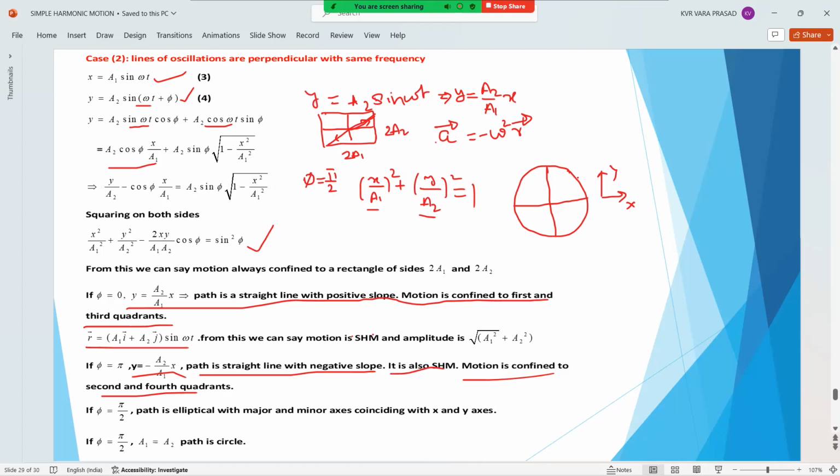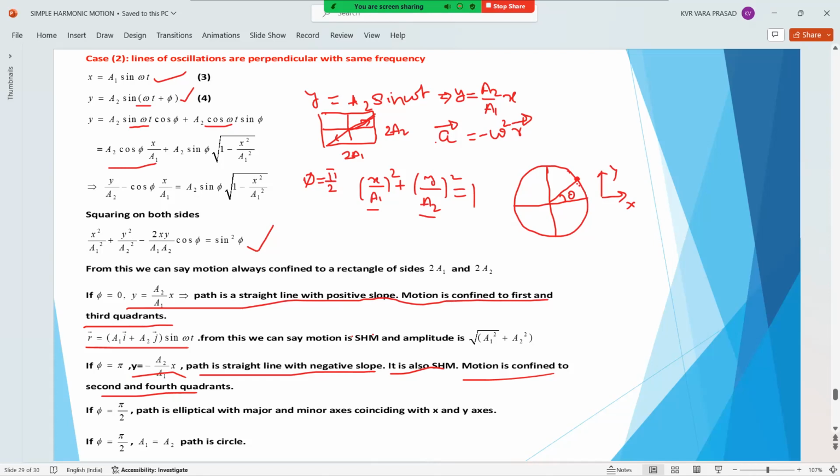Let us take at one instant a particle whose position vector makes angle theta with the x-axis. So we are taking a particle following uniform circular motion. At one instant, the line joining the center and the particle, meaning the position vector, makes angle theta with the x-axis.